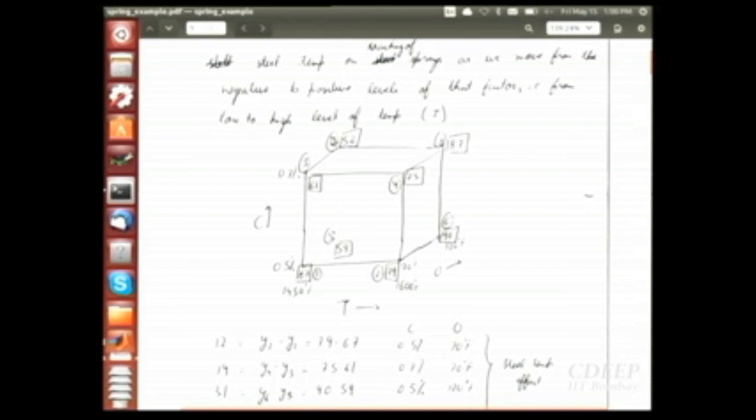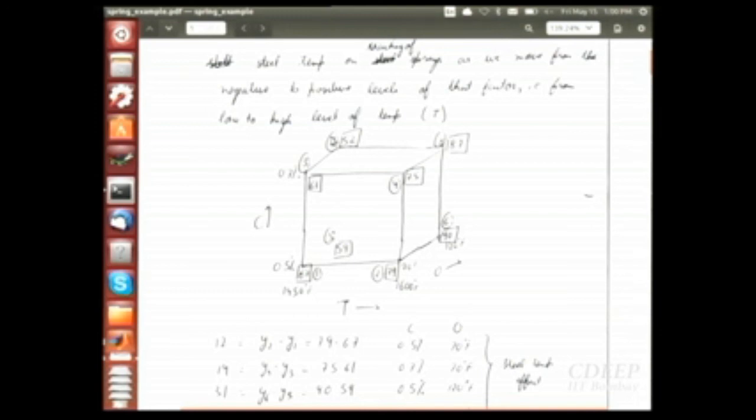You add those, subtract the sum of these 4 runs where carbon is at the lower level, divide by 4, which is the number of runs you have at the positive level of carbon. That will give you the effect of increasing carbon content from 0.5 to 0.7 on your response variable, which is the percentage of springs cracked.